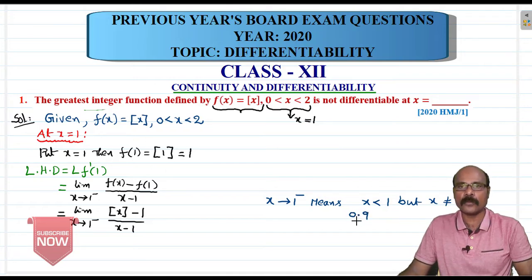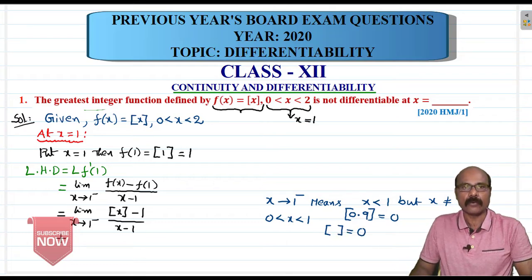So if we take 0.9, what is the step of 0.9? Step of 0.9 is 0. Like that, if we take any value below 1 and after 0, that means between 0 and 1, the step of that value is 0 only.